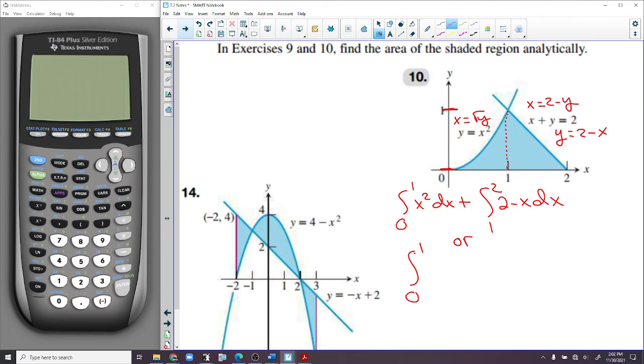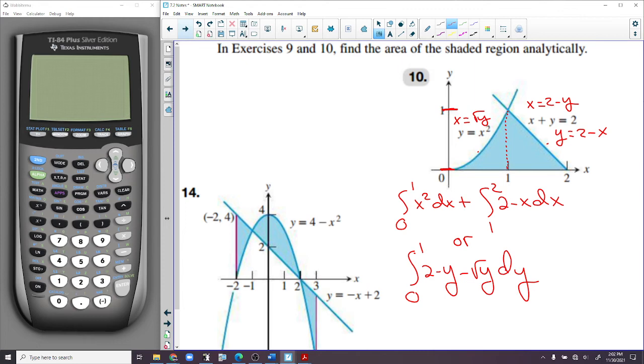But it would only be the positive side. It's only the positive branch of that parabola. So I wouldn't need the minus. We could do 2 minus y minus the square root of y, right minus left dy. Those two should give us the exact same answer. So you'd have to either split it up or go right minus left, one or the other.